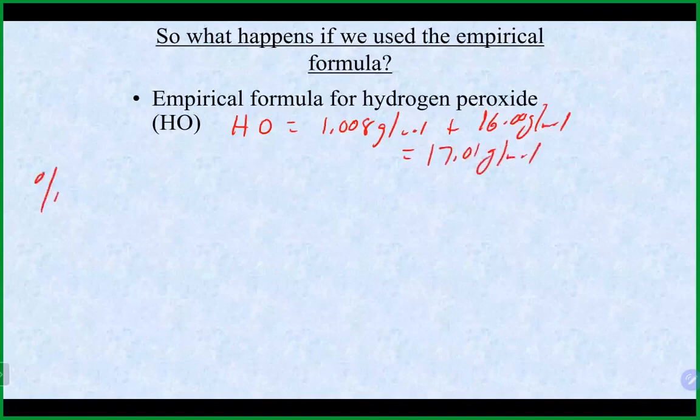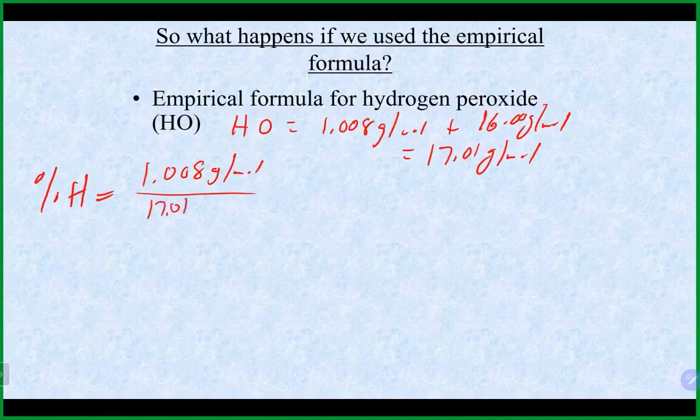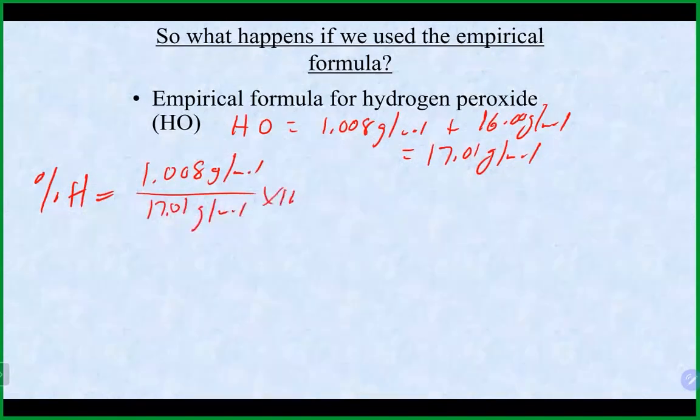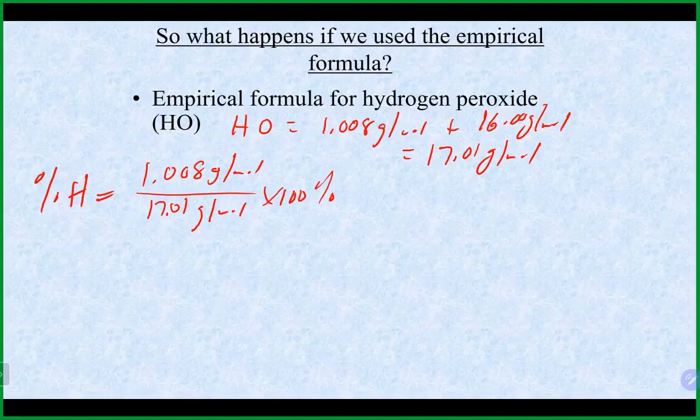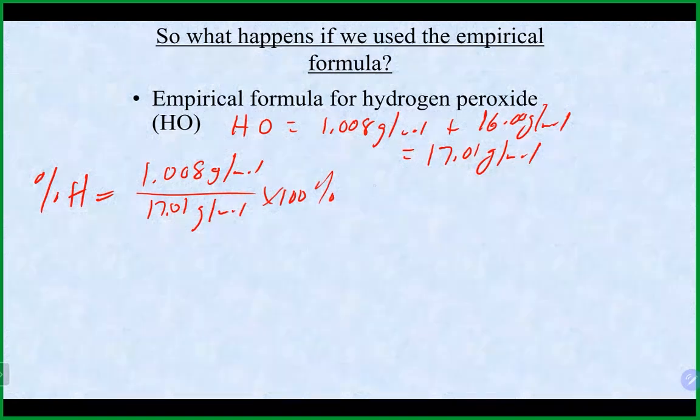So our percentage of hydrogen in this case would be 1.008 grams per mole divided by 17.01 times 100%, and that will give us 5.926%.